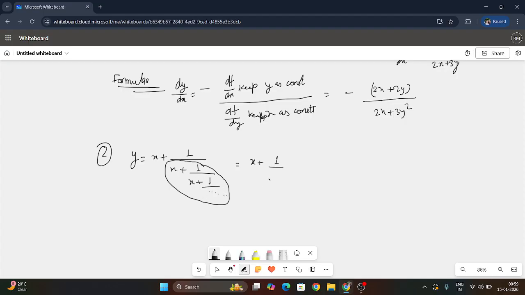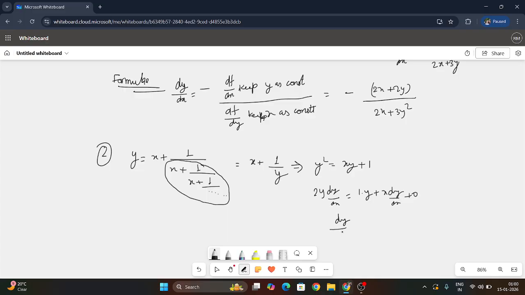From here where the repetition happens, you can write it as equal to y. So cross multiply, and you will get y square is equal to xy plus 1. Okay, so now you can differentiate it, and when you differentiate you will find 2y dy by dx is equal to x plus x dy by dx plus 0.